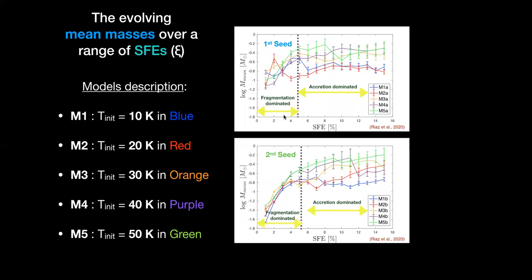But once the star formation efficiency, which is along the x-axis, reaches a value of around 5%, we find that beyond this, the CMB contribution is more visible over here.